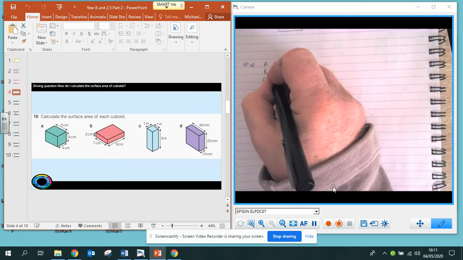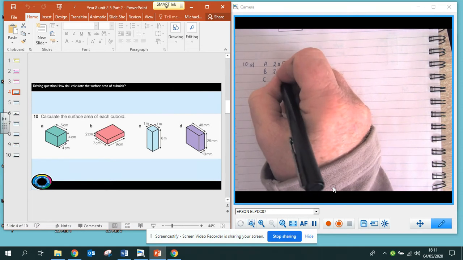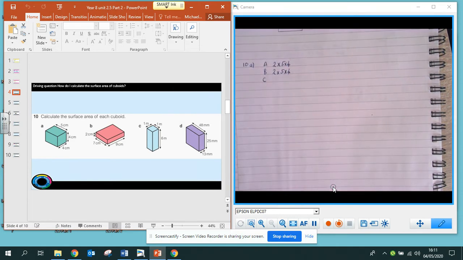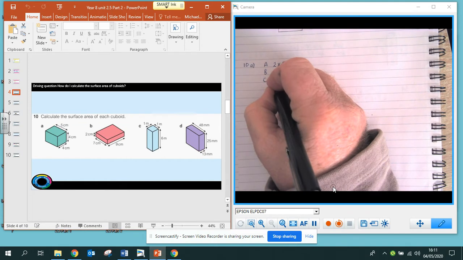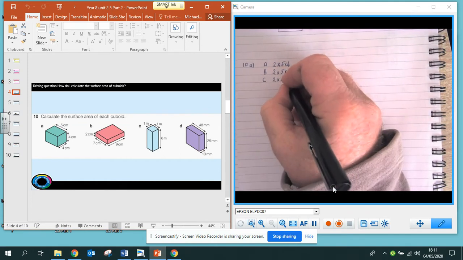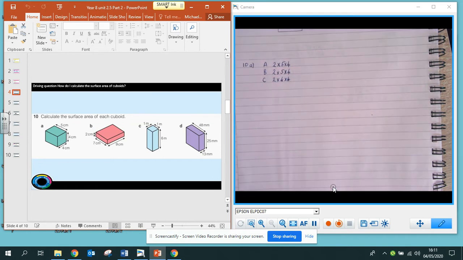That will be 2 times 5 times 4 again. And lastly, my side elevation. So two different sides. 2 times 4 times 4. If you've got A, B, or C in a different order, it doesn't really matter. It will still work out the same. But I'm going to try and do it that way each time to make things a little bit clearer for everybody.